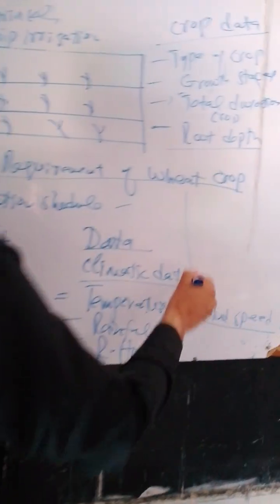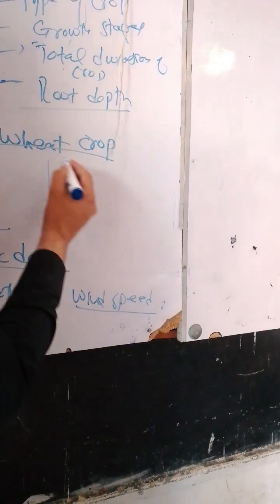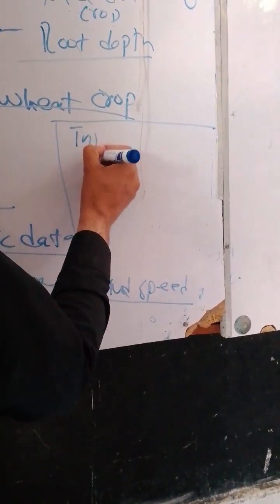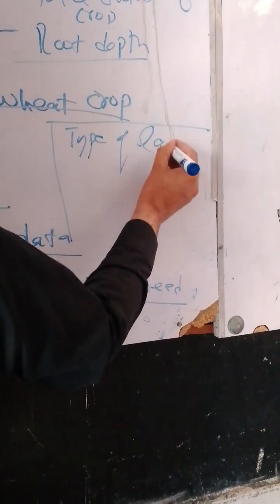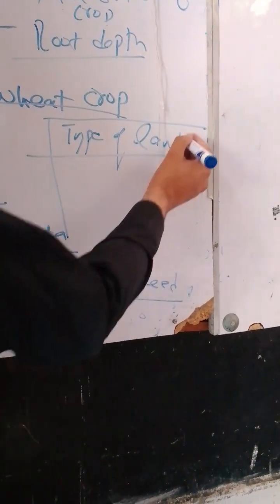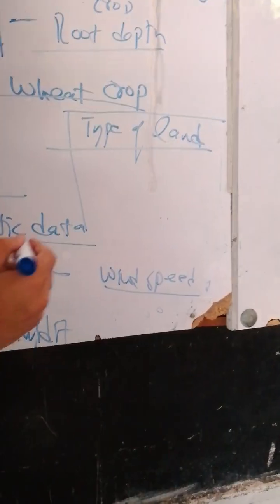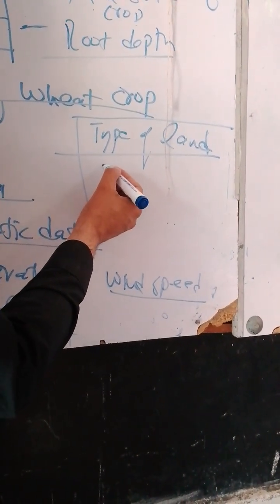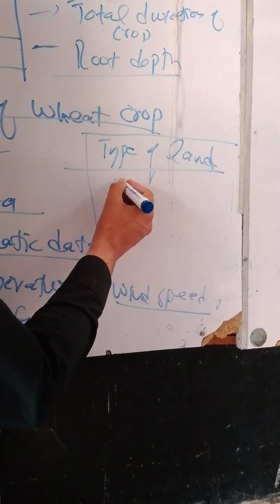The last data which is required for this model is the type of land. Which type of land do we have? Bare land, agricultural land, or forest land.